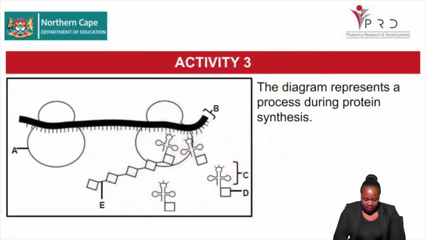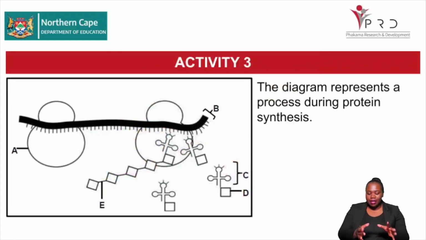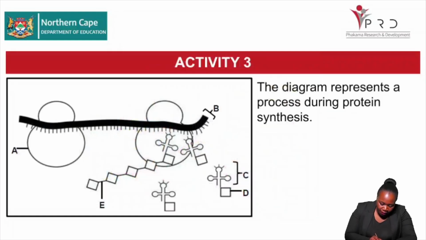Let's have a look at activity 3. It says the diagram represents a process during protein synthesis, right? Again, give labels for these. Here we have our ribosome at A, we have our mRNA at B, at C, we have our tRNA.